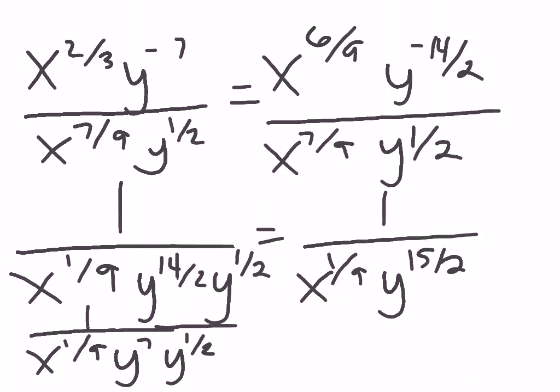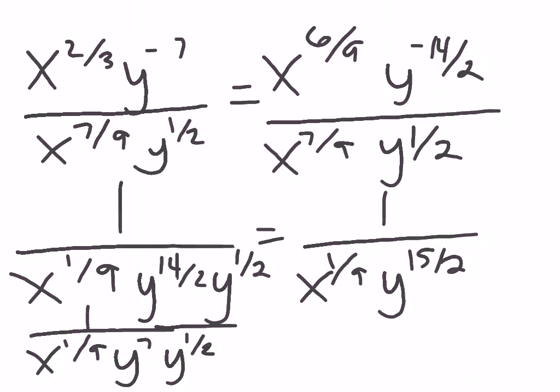And you need to understand that that is the same thing as y to the 15 over 2, because if I add 7 and 1/2, I get 15 over 2, because 7 can be written as 14 over 2, and 1/2 is 1 over 2, so 14 plus 1 is 15 over 2.